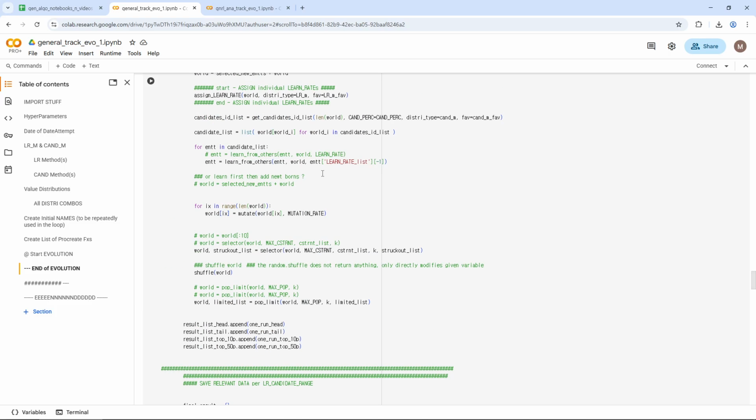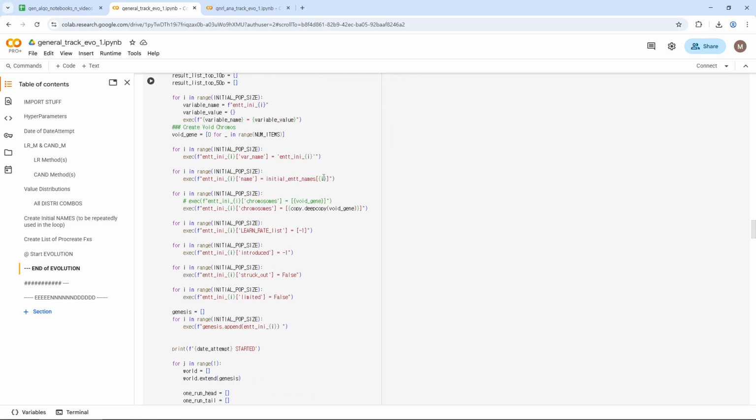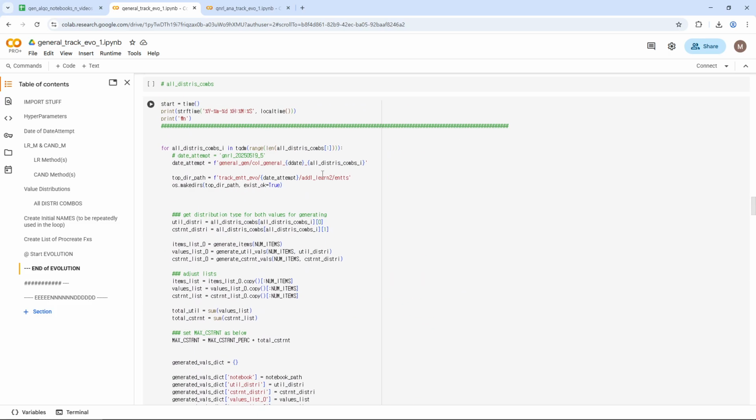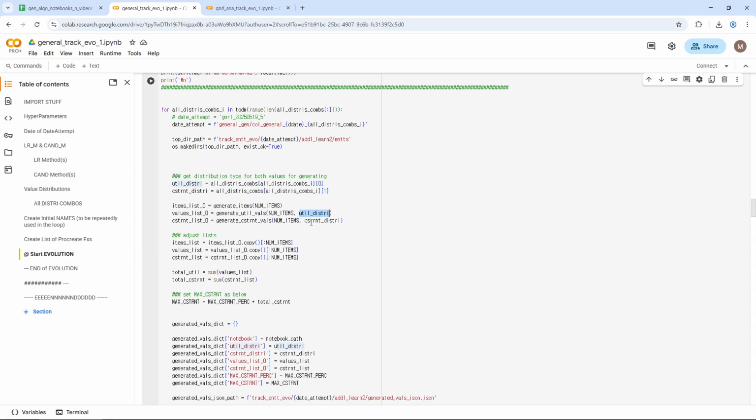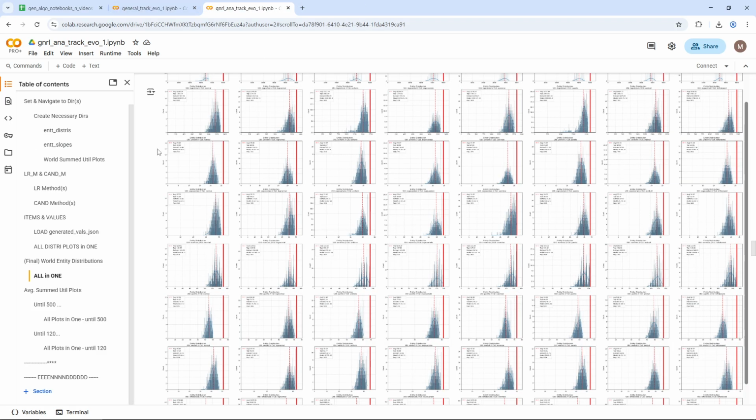Within each iteration of evolution, the items and the utility values and the constraint values would be generated like that, and they would also be saved, so that I could use the same values when I analyze and make these plots.